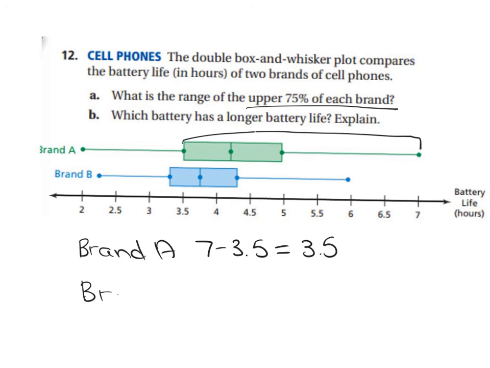And then brand B would be, I would say, from 3 25/100 right here to 6. So 6 minus 3 25/100 would be 2 75/100.